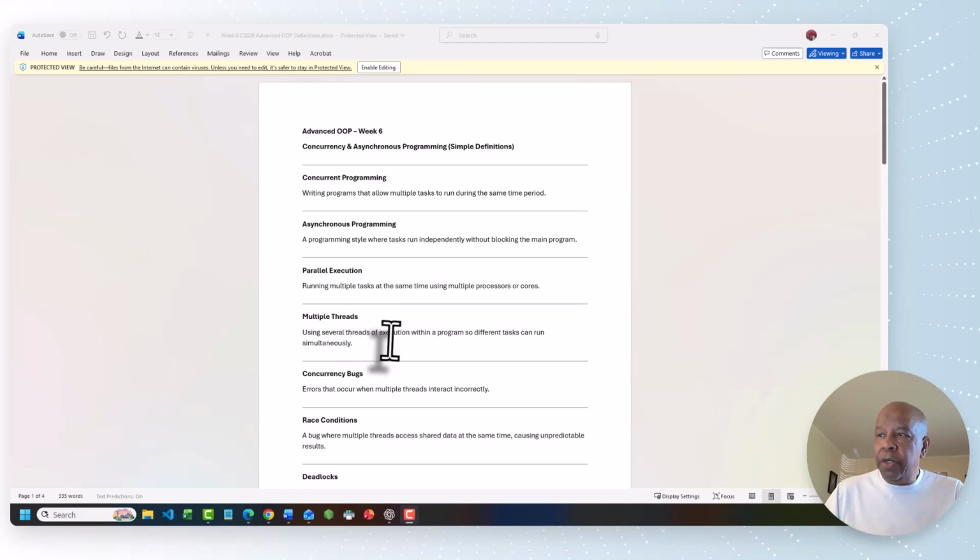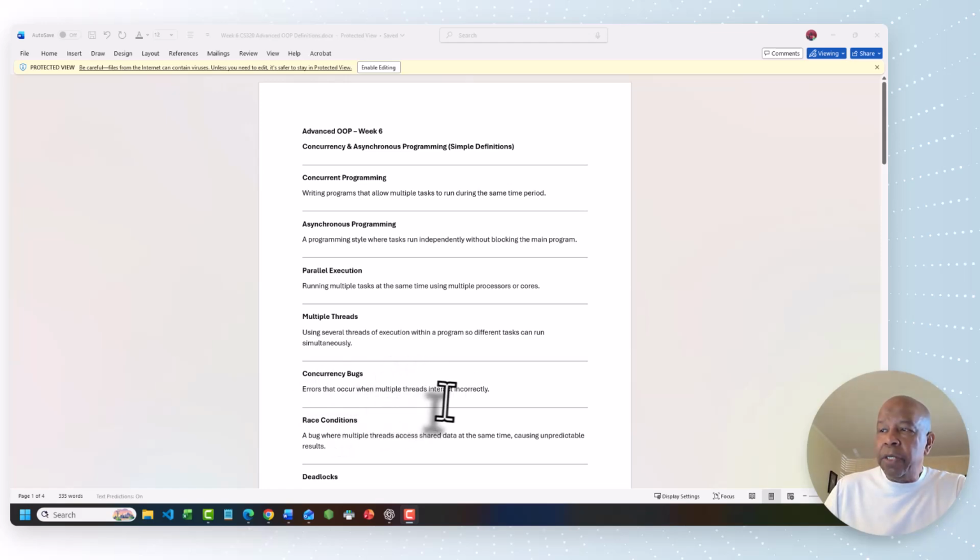Multiple threads, using several threads of execution within the program to handle different tasks so they can run simultaneously. Note that this could be a task for two separate jobs, or it could be one program with 3 pieces, where we put each of those 3 pieces on a thread and let them run independently.